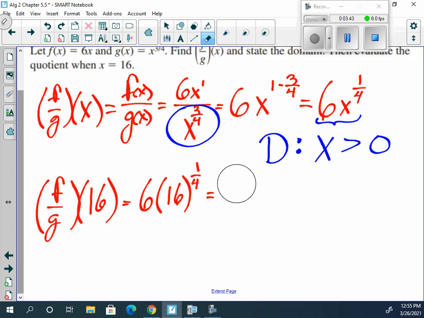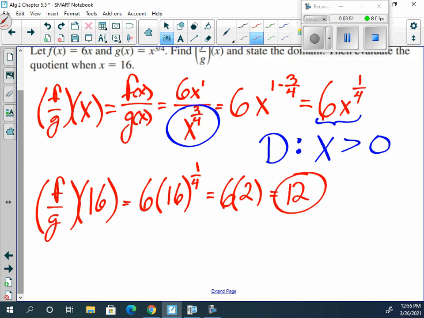Well, 16 to the 1/4 is 2, and 6 times 2 gives us 12. Any questions on this here?